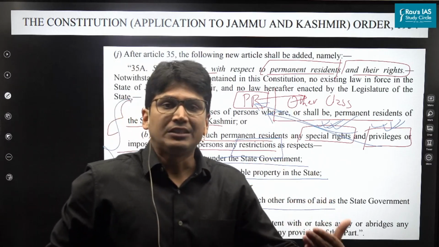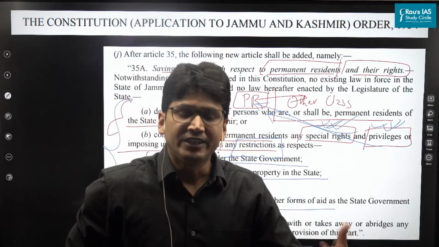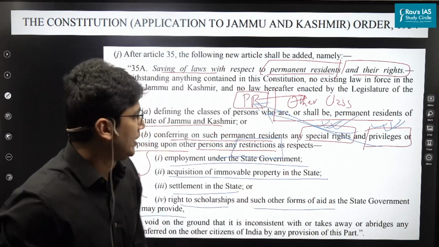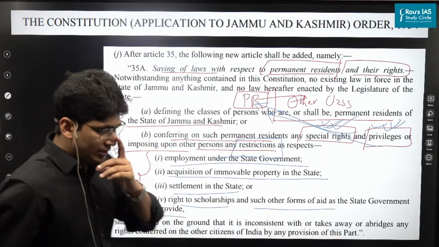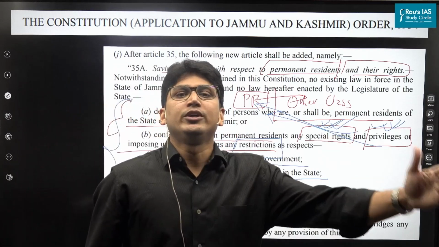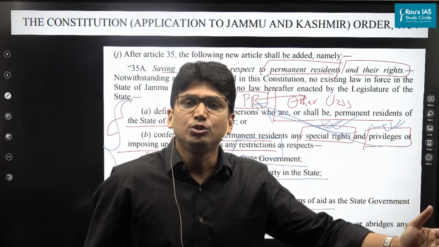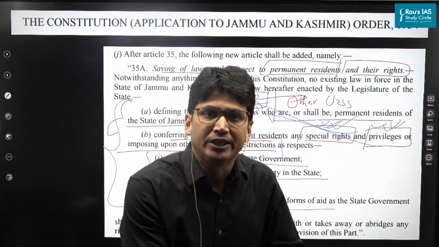These were the points which have been highlighted by the Government of India during the ongoing arguments in the Supreme Court of India. And this provision of Article 35A also corresponded to Section 6 of the erstwhile Constitution of Jammu and Kashmir.